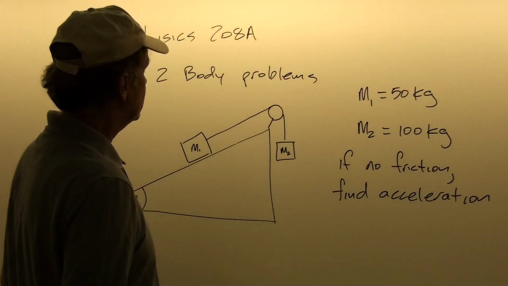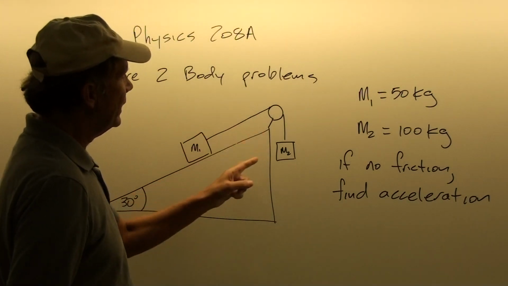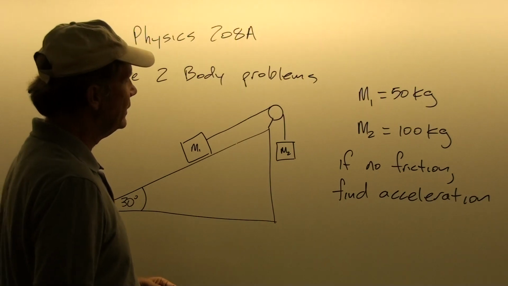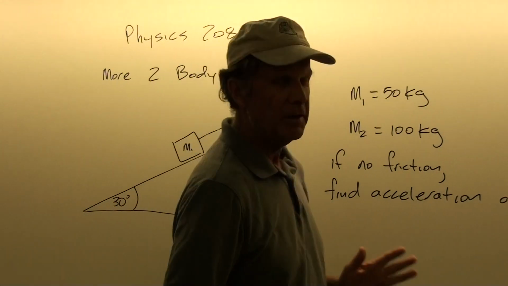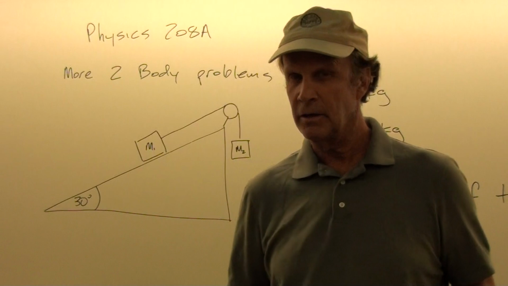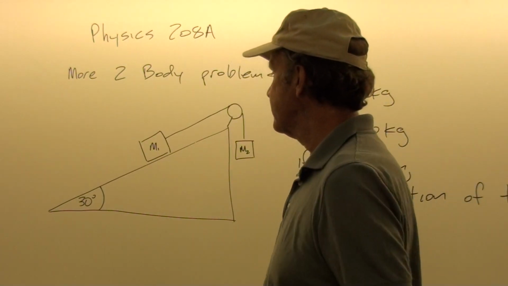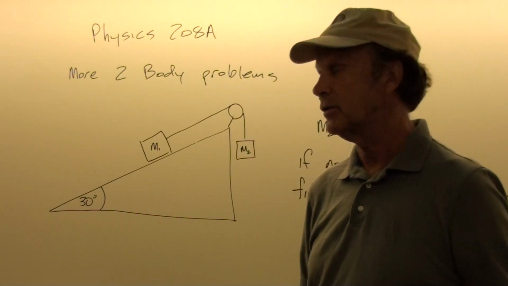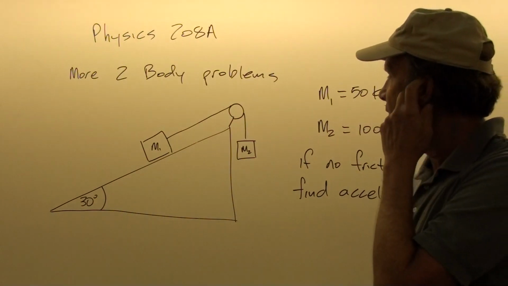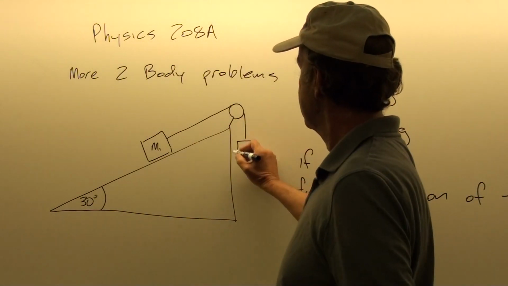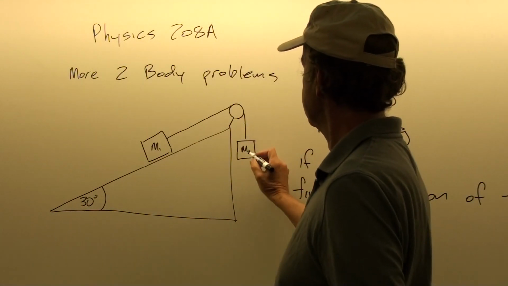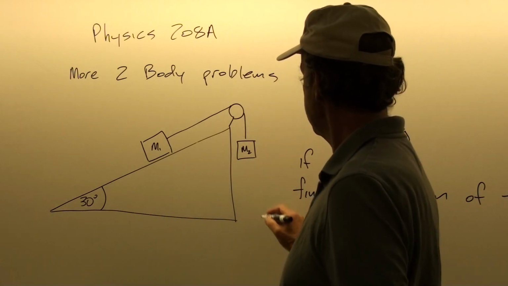And so maybe the first thing to try to do here is to just get a basic idea of which way it's going to go, before we actually define a positive direction to our coordinate system. And so what I would want to do then is say, well, how much force is this? M2g pulling straight down.